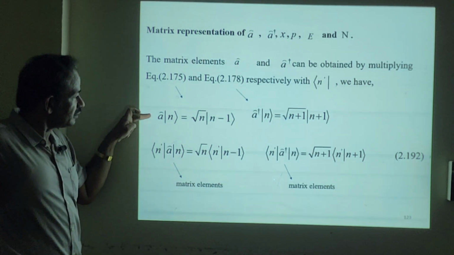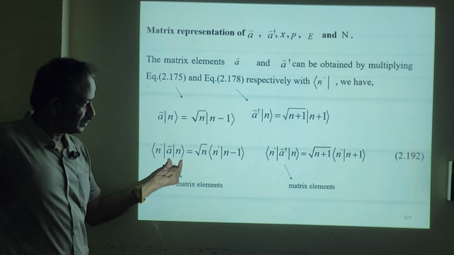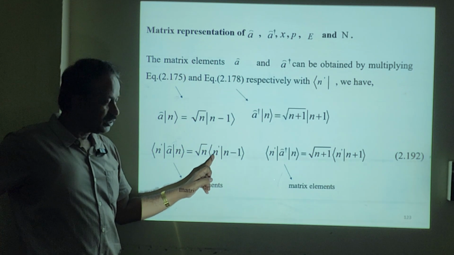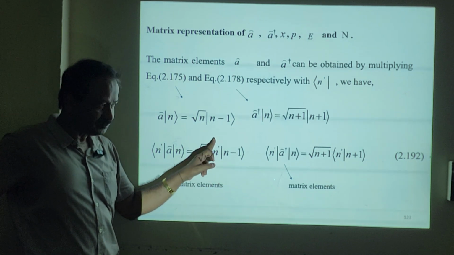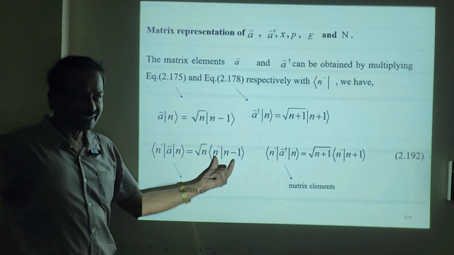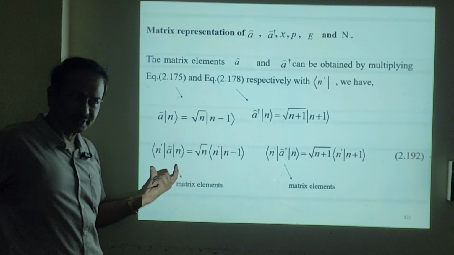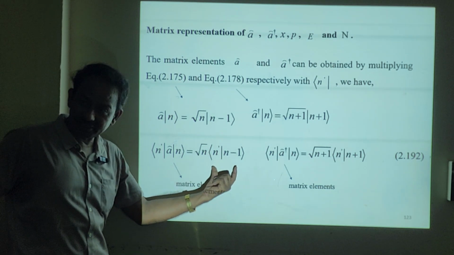So look at this equation: you have bra n prime, A, ket n, and the right hand side will be bra n prime with ket n minus 1. It says that it is not a diagonal element. It's a matrix element. The answer for the matrix element will be this one.